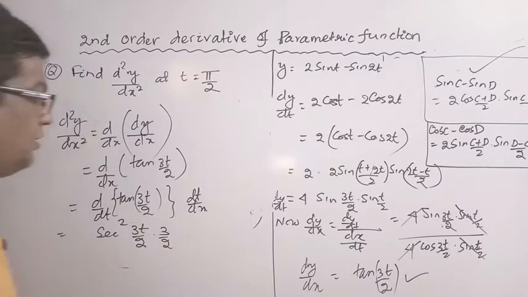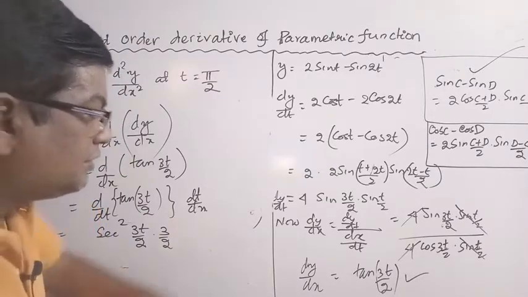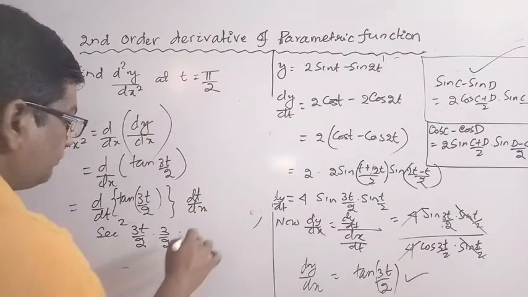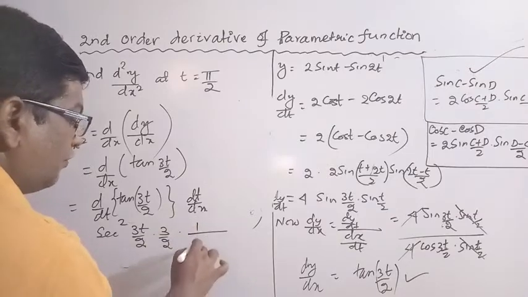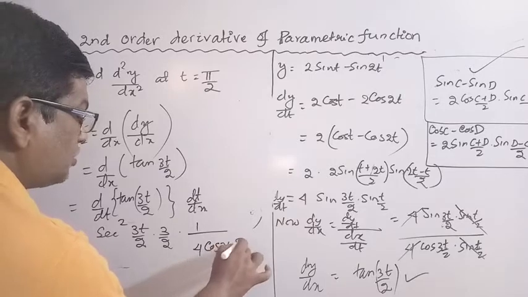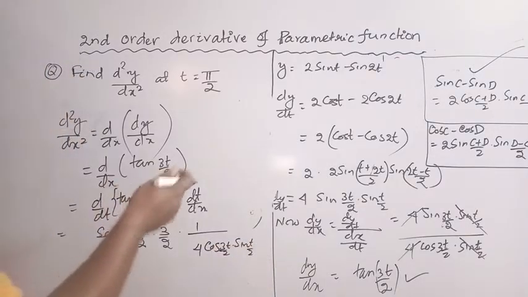So dx/dt is equal to what? This is x = 4 cos(3t/2) sin(t/2).